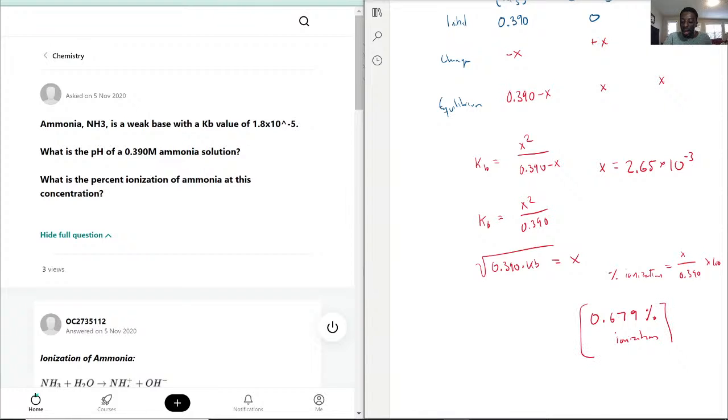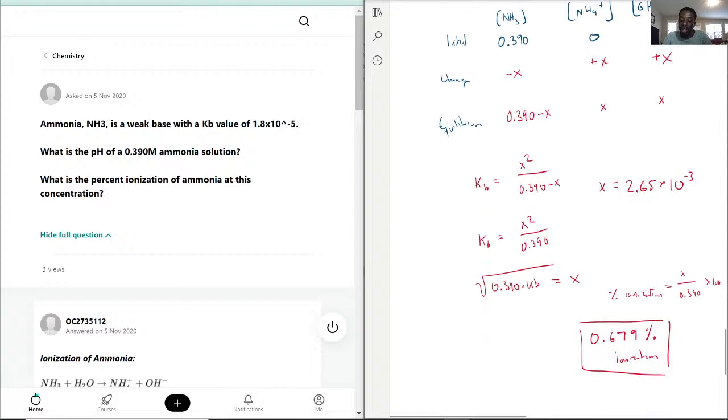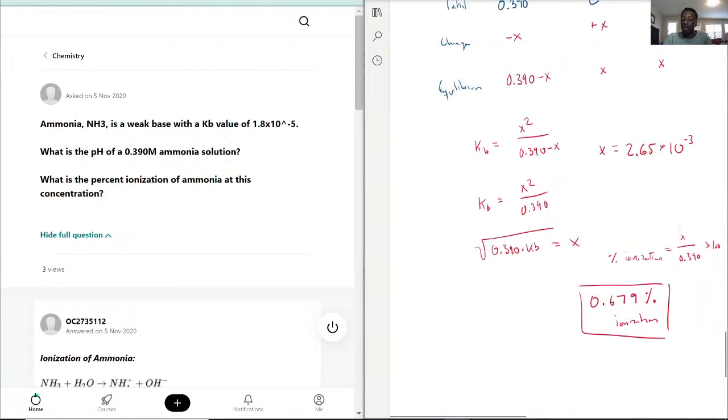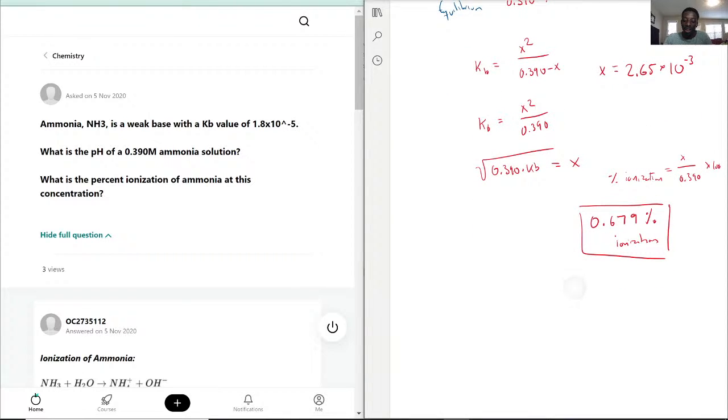And now that we've done that, let's use the rest of the question to actually find out what our pH is. The way pH will be found, we actually first find our pOH, because what we've done here is find the concentration of OH minus. This will not give us our pH, but instead it will give us our pOH. But it's still the same formula: pOH is equal to negative log of hydroxide.